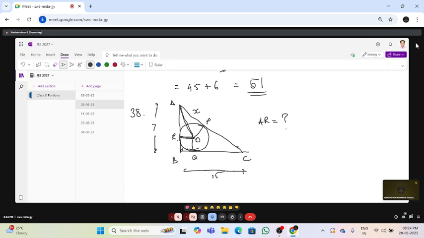Just think for some time. If there is a circle and you draw tangents from an external point, AR and AP, those two tangents will have the same length, because they are from an external point to the circle.